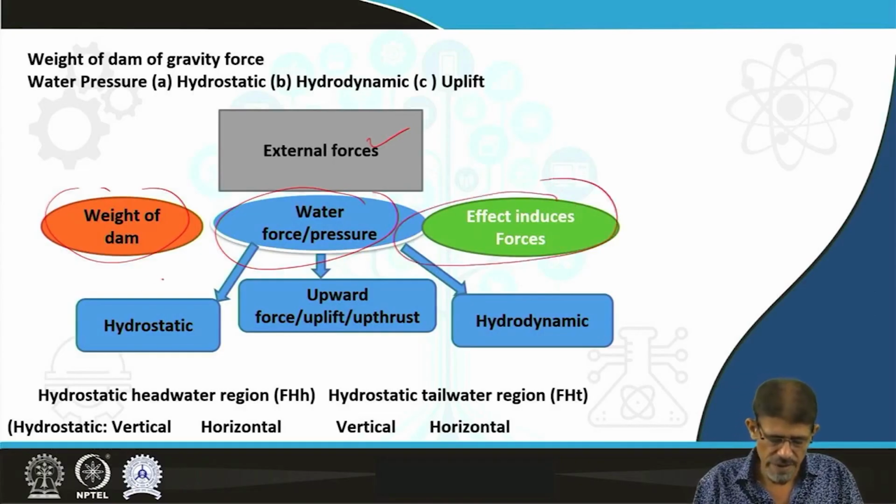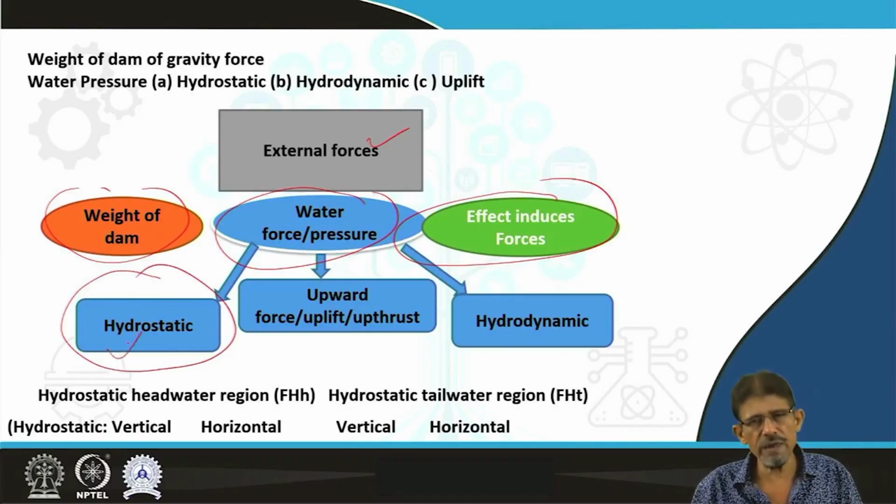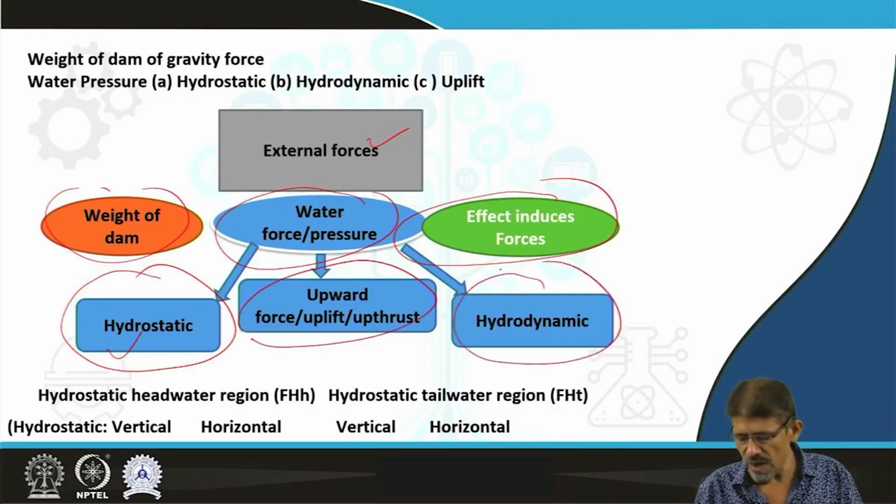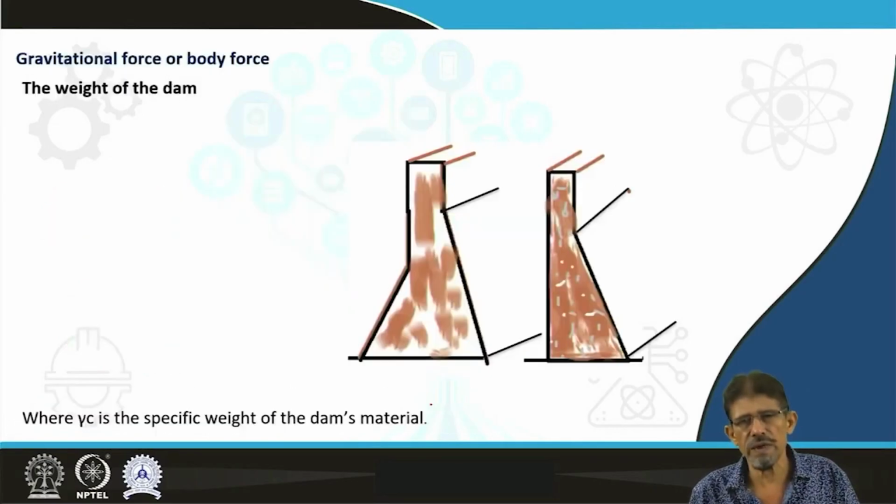External forces are caused by the weight, by the water, and by the surrounding effects. In water, we have three divisions: hydrostatic acting on the headwater side and the tailwater side, then the upthrust due to filtration, and hydrodynamic force during an earthquake or vibrational effect. The hydrostatic force in the headwater region can be divided into vertical and horizontal, and in the tailwater region also vertical and horizontal.